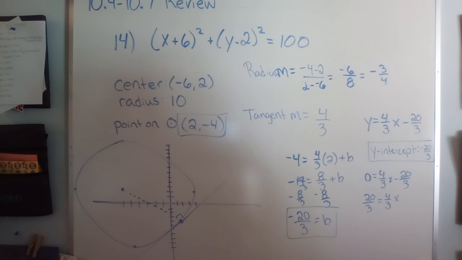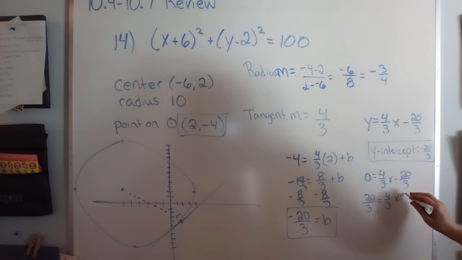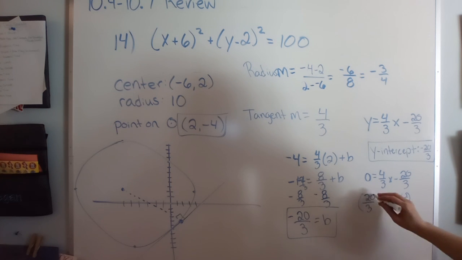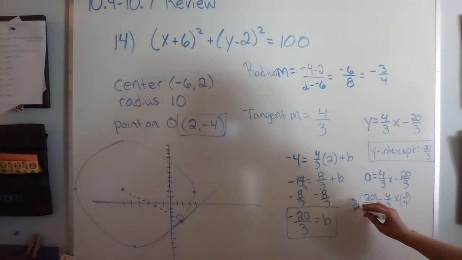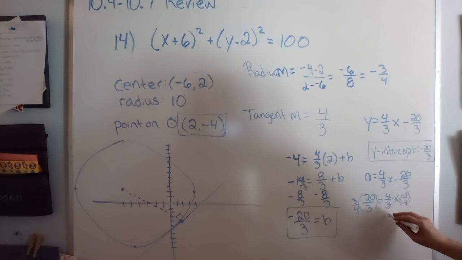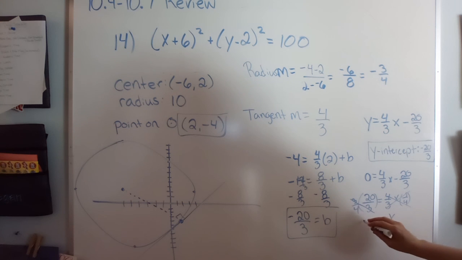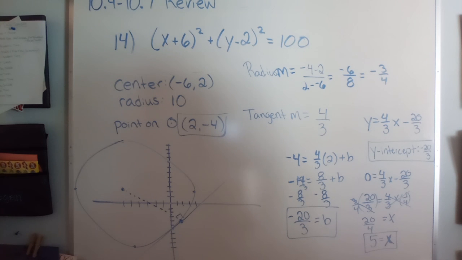I'm going to multiply both sides by the reciprocal of that fraction, 3/4. So x is equal to, 3's crossed out, 20/4, which is 5. So I have an x-intercept of 5 and a y-intercept of negative 20/3.